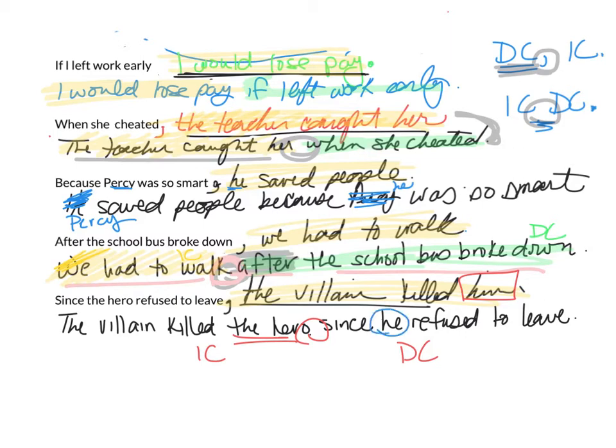Do y'all see the problem with the he? It's a little bit ambiguous which he you're talking about. So really, this should probably be still the noun. The villain killed the hero since the hero refused to leave. But I'm not going to get too picky with your pronouns, not yet.